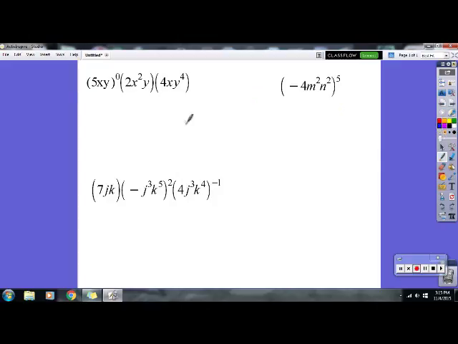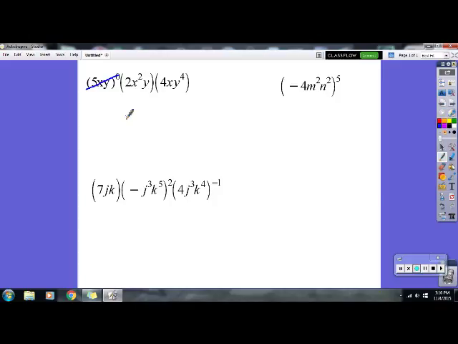So I'm going to mark this first expression out, because 1 times anything equals the same thing. If I multiplied these by 1, I'd get the same thing, so I can basically ignore it at this point.